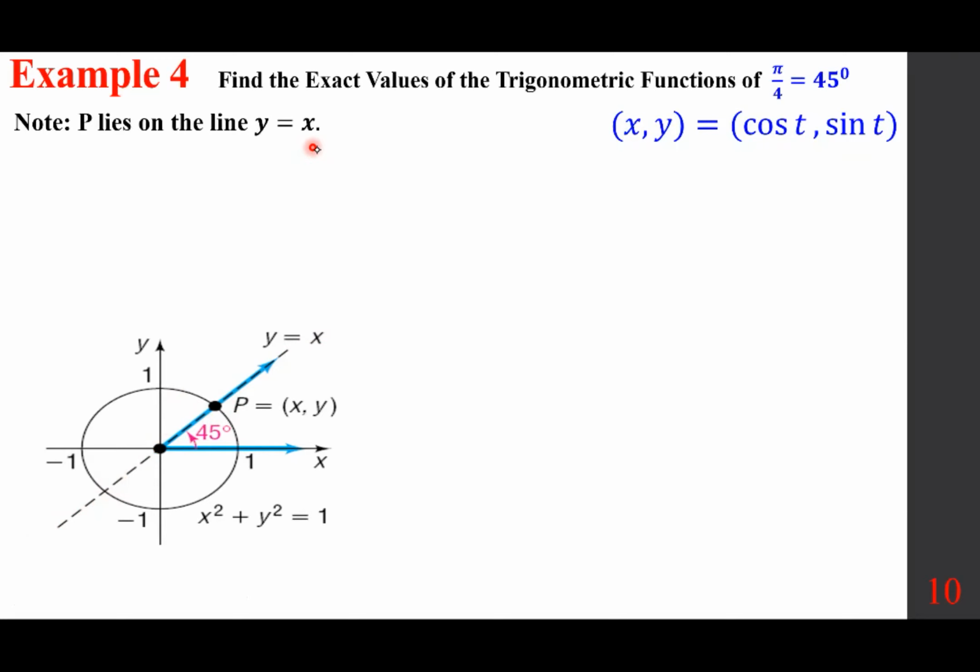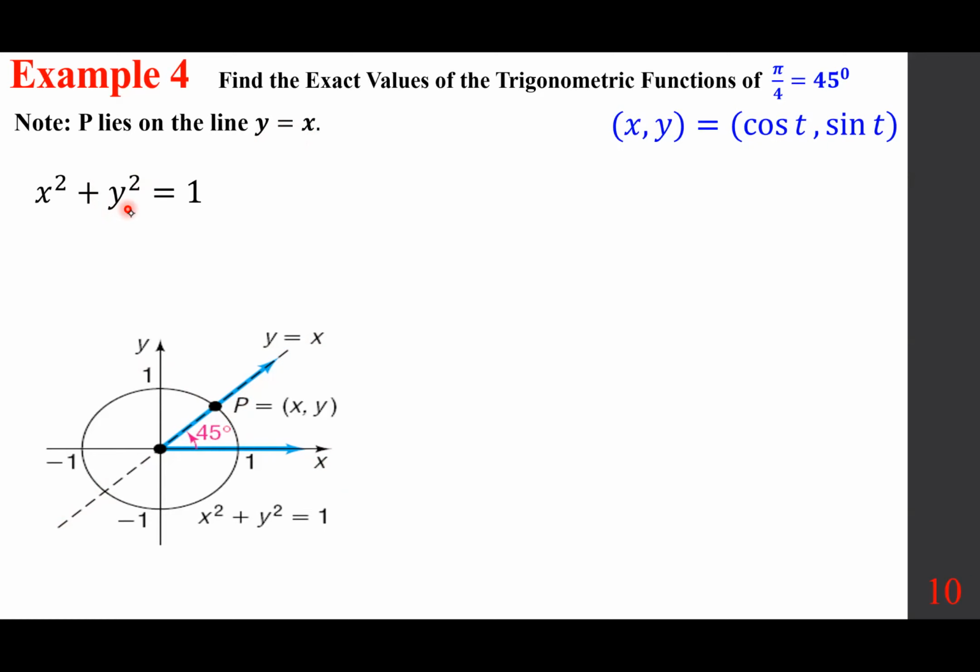So 45 degrees. Remember, if this is 45, so is this one. So it's on the line y equals x. And of course, we are in the first quadrant, which means x is positive, y is positive. So let's go with the unit circle that says x squared plus y squared equals 1.